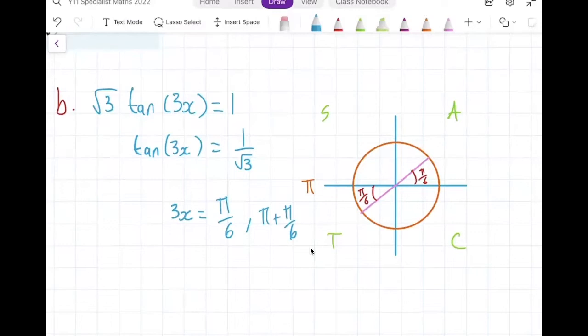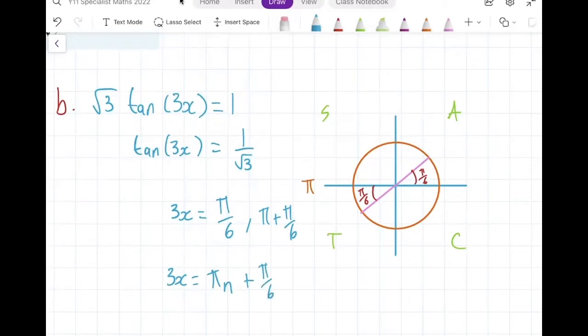Now, this actually makes our solution a little bit more simple because I'm no longer talking about full rotations around the circle. I'm talking about pi rotations around the circle. What this means is that 3x is now going to be equal to pi times n plus pi on 6. Again, if n is 0, I just have pi on 6.